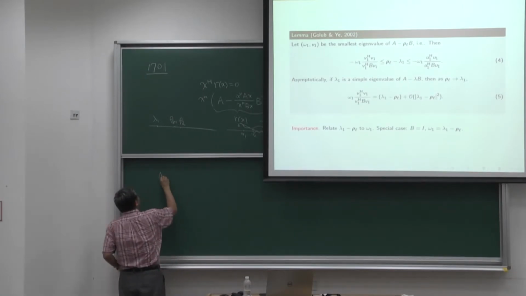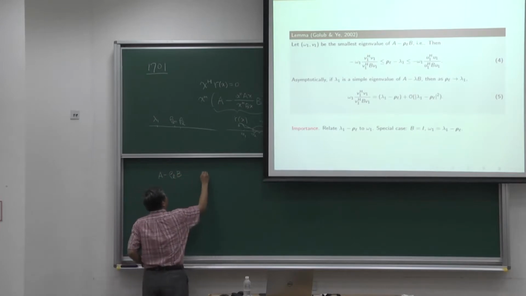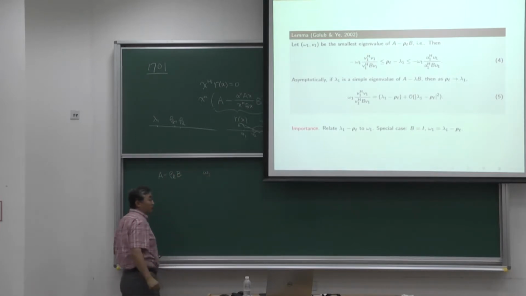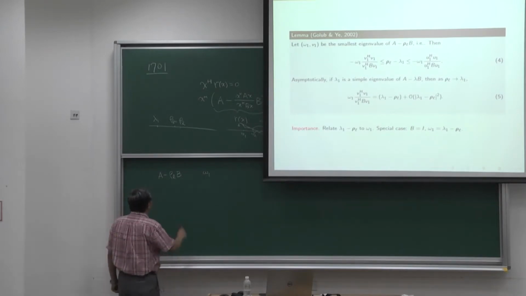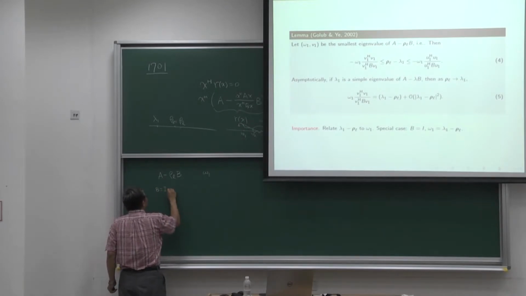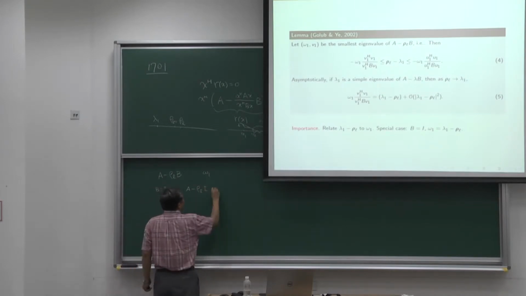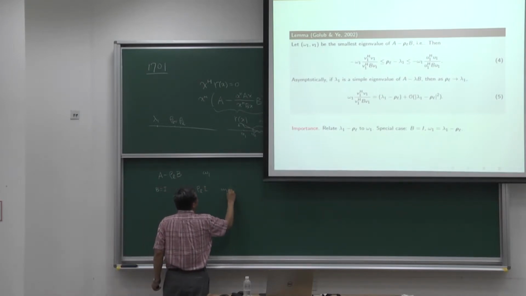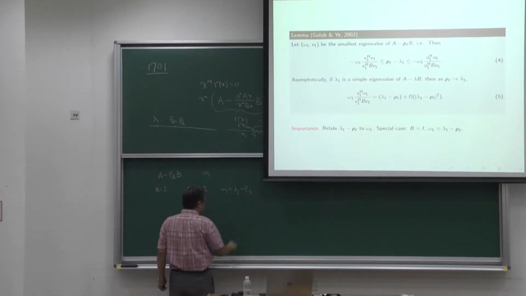So you have omega 1 as the smallest eigenvalue, right? And if B is equal to identity, you are looking at A minus rho L identity. That gives you the smallest eigenvalue as lambda 1 minus rho L. So the two are the same.